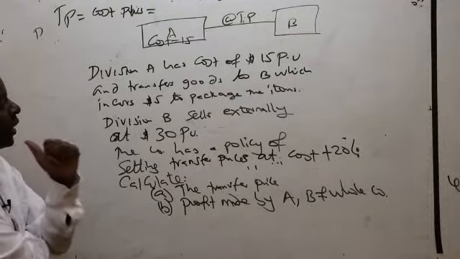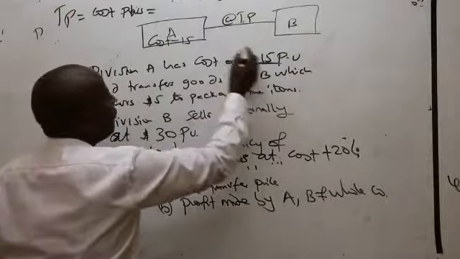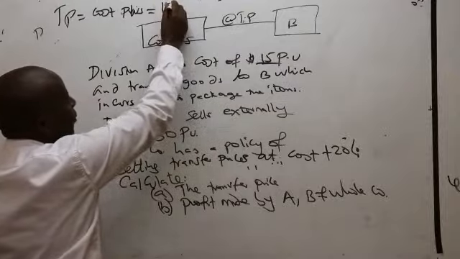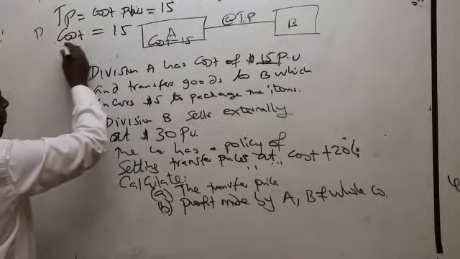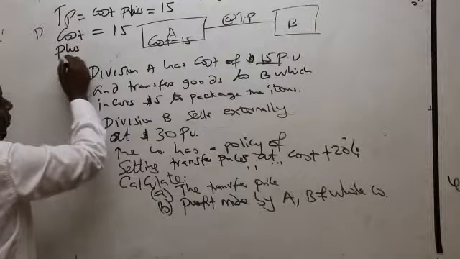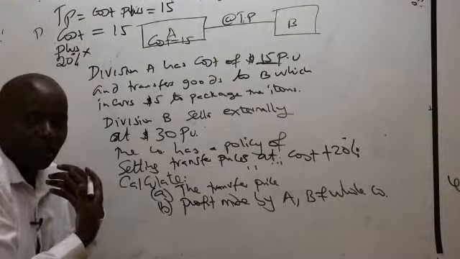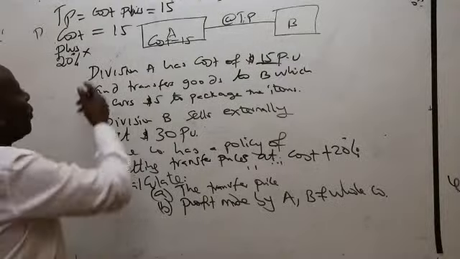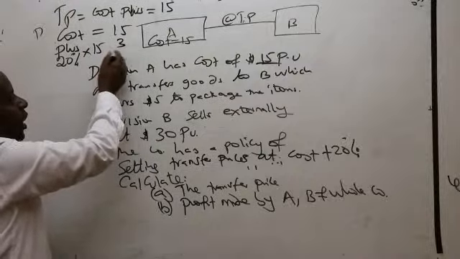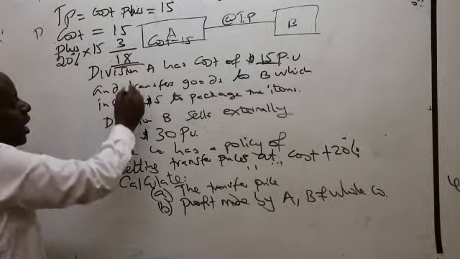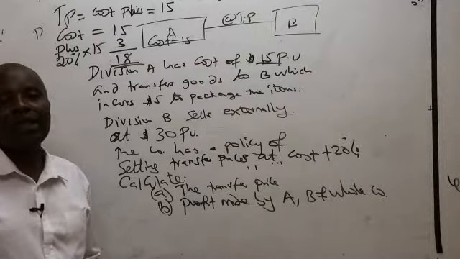And the manufacturing division, ladies and gentlemen, is division A. So you take the cost here, which is 15, plus 20% of our cost. 20% of 15 gives us 3. And therefore the transfer price is 18.